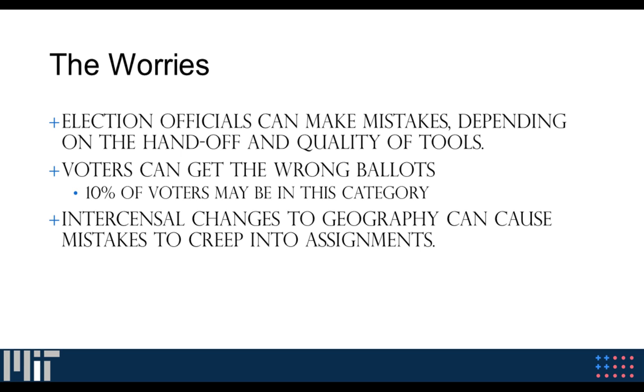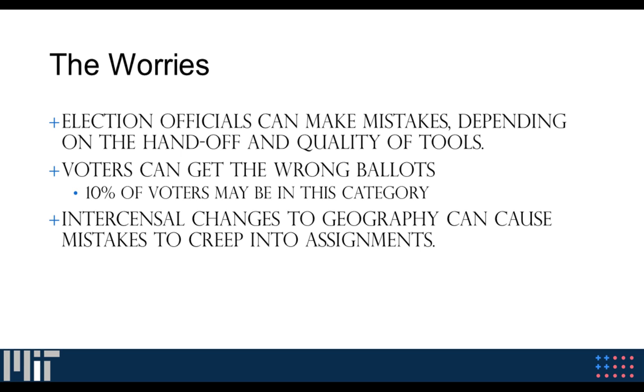Now, there's a statistic floating around in this world that suggests that as many as 10% of voters in recent elections may be, in fact, assigned to the wrong districts, the wrong precincts, as a consequence of imprecise redistricting and imprecise matching of where voters actually end up.